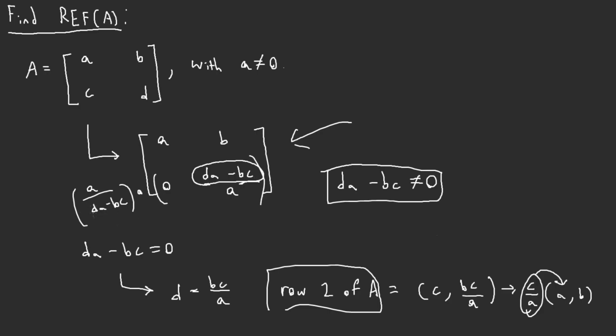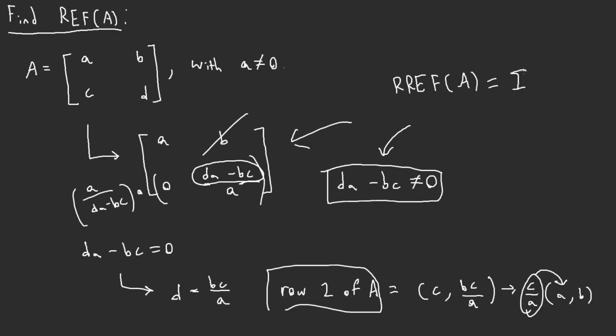So this is just some number. When I do this, I'm going to get a 1 here. Then I can multiply by negative B and add it to the first row to knock out this entry, and I can divide the first row by A. So equivalently, if this quantity is not equal to 0, then the reduced row echelon form of our matrix is going to equal the identity.